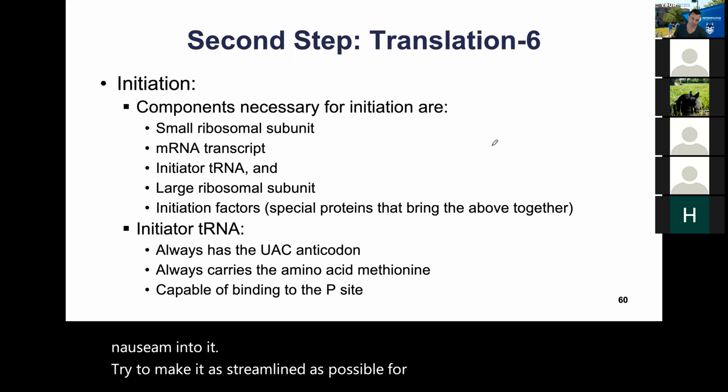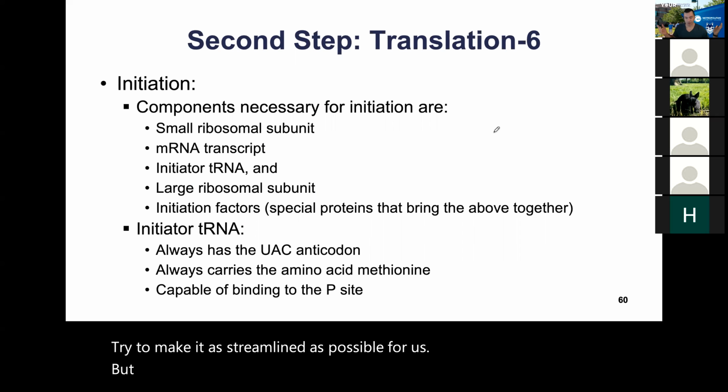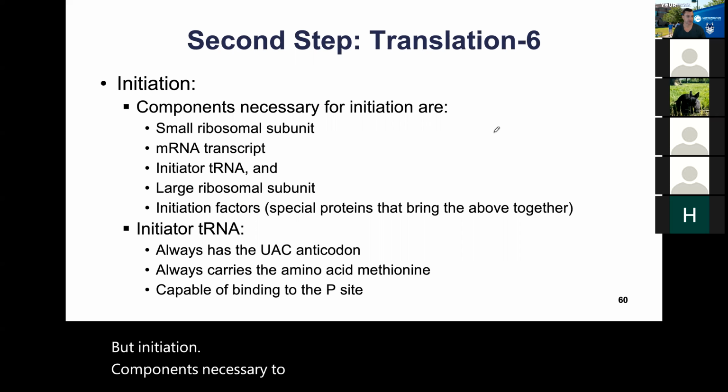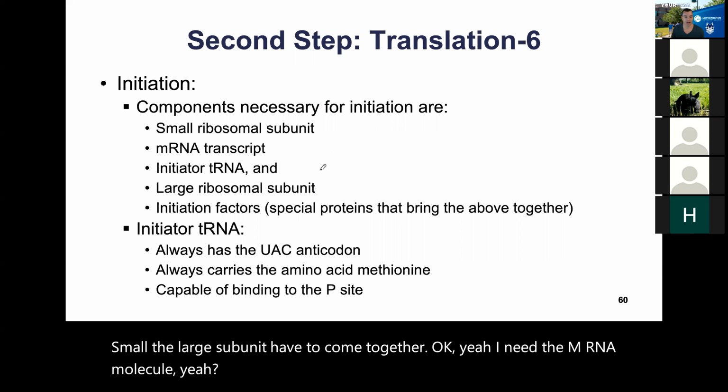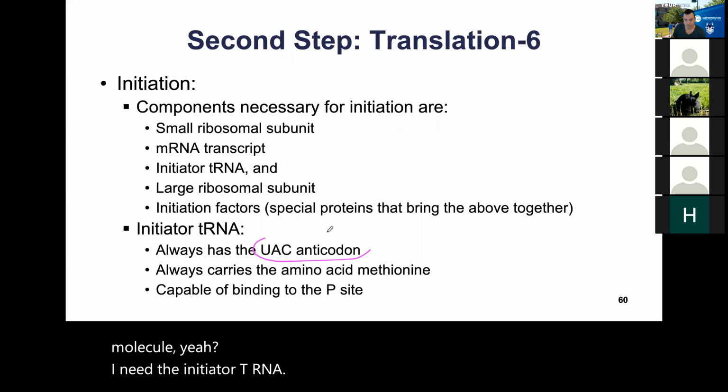But initiation, components necessary to start: the small and the large subunit have to come together. I need the mRNA molecule. I need the initiator tRNA. My start codon, AUG, is the codon, and the anticodon is UAC.